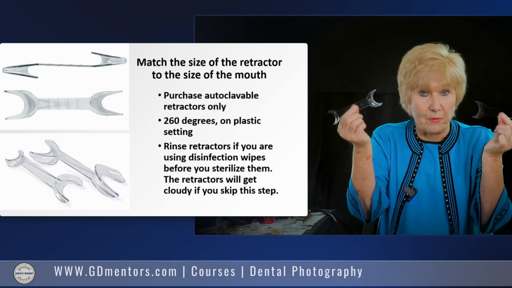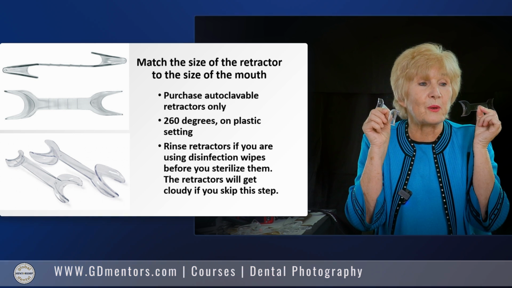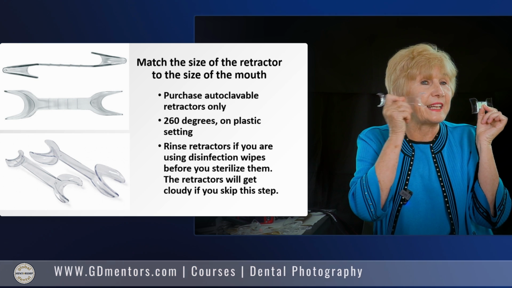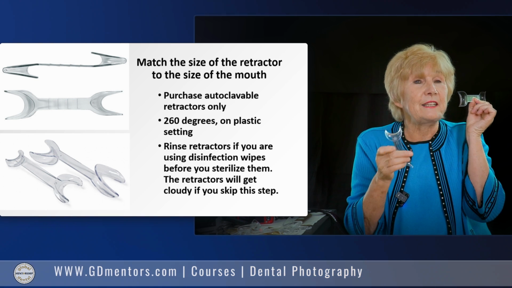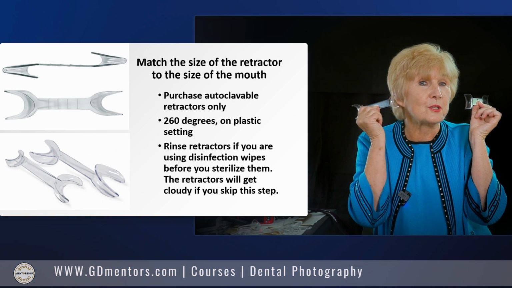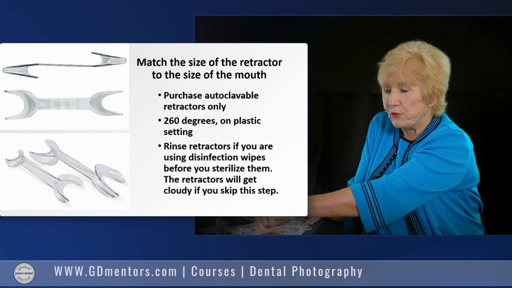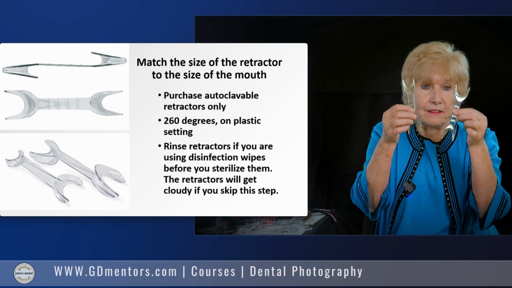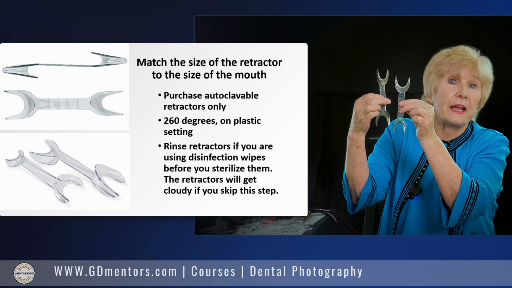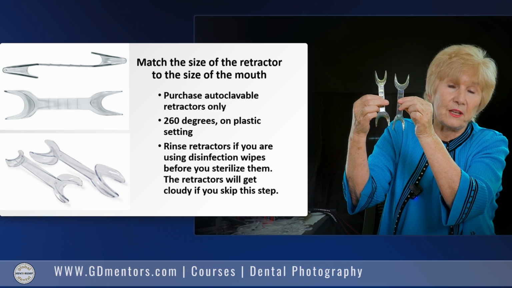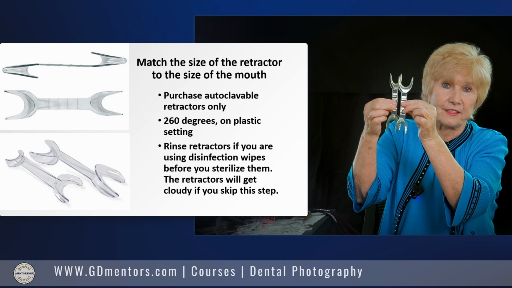Because on my mouth, I would start with the large end of the retractors, but when I do the lateral view, I can't pull enough with this large side, so I leave the large one in and I switch to the small. That will give me an extra tooth. Of course, we also need the very small child-size retractor, and it's not always for children. We have plenty of adults that need the small retractors.